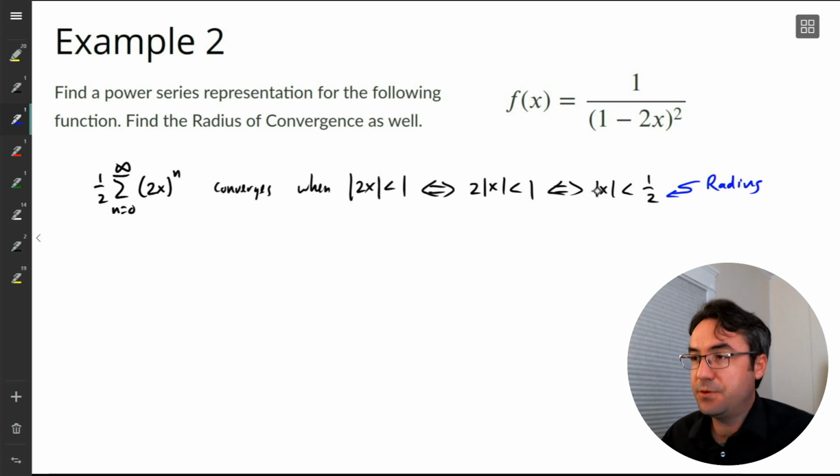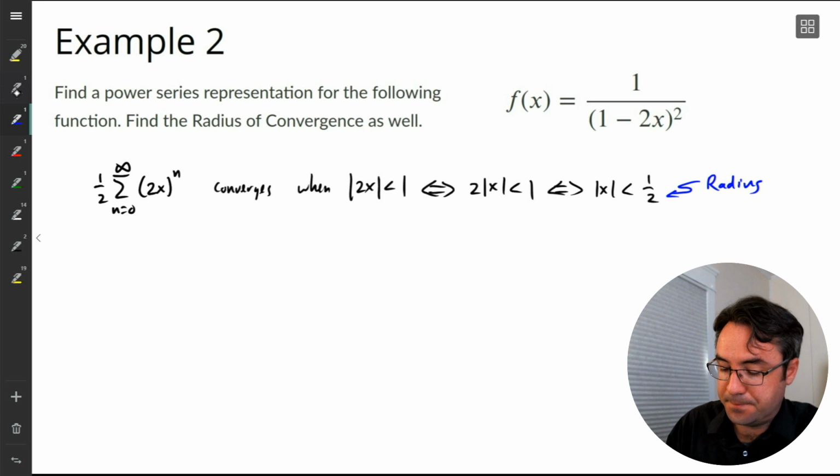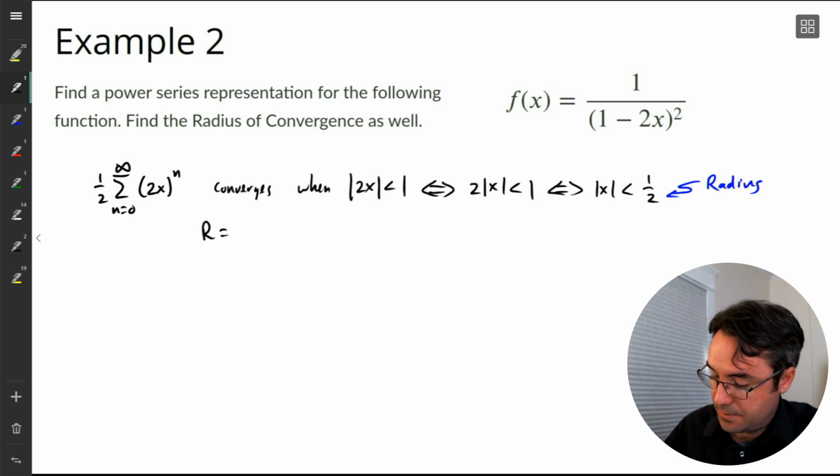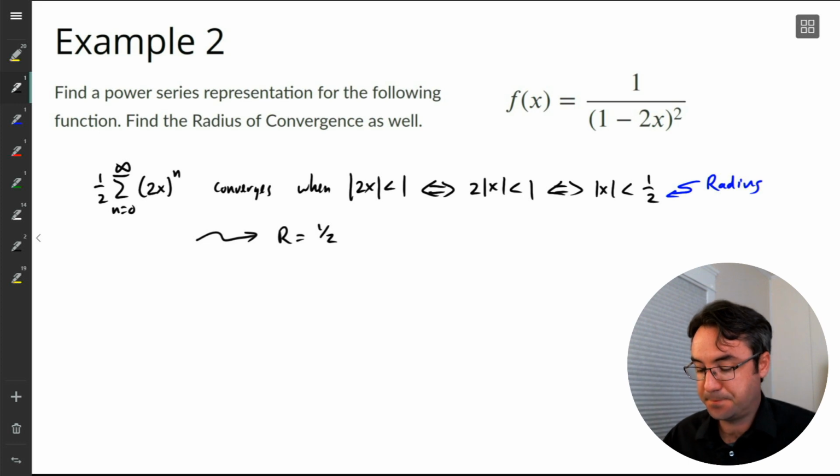So when you get the absolute value x term all by itself, the number on the other side, that's your radius of convergence. So in this case, r is equal to 1/2.